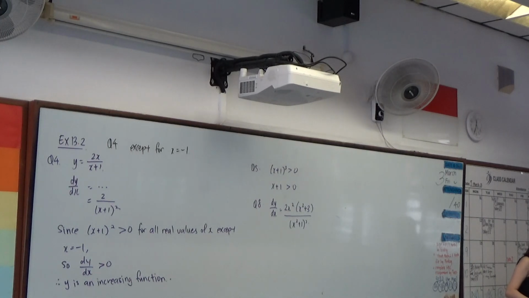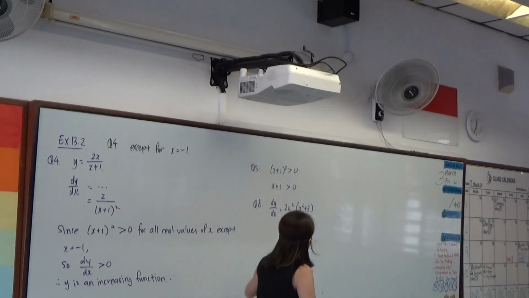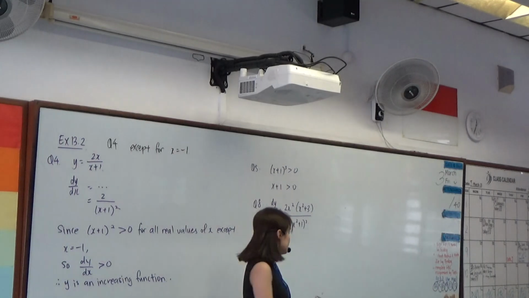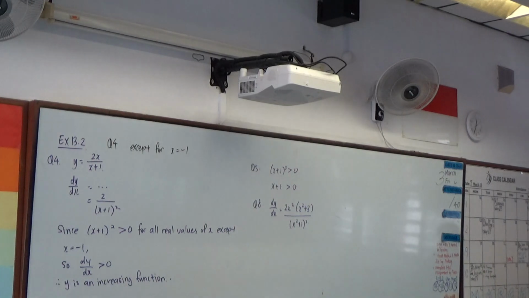It asks you to find dy over dx first and explain why it is an increasing function. So we want to explain why this is going to be more than 0. So we break it down into parts. We see it in 3 parts.